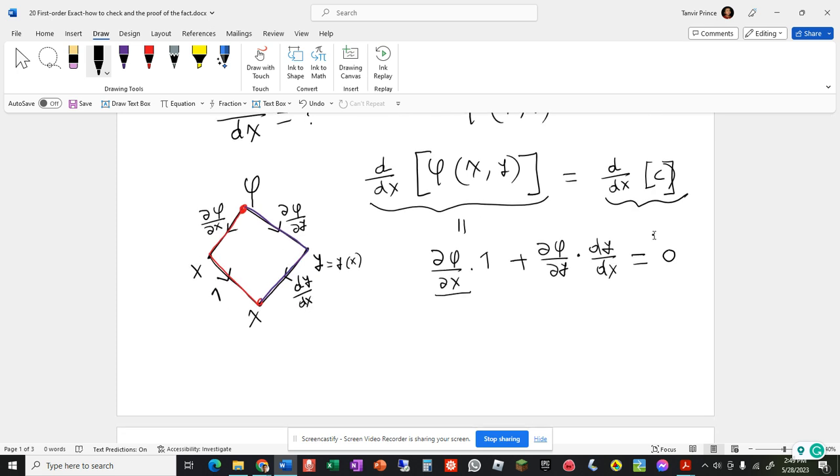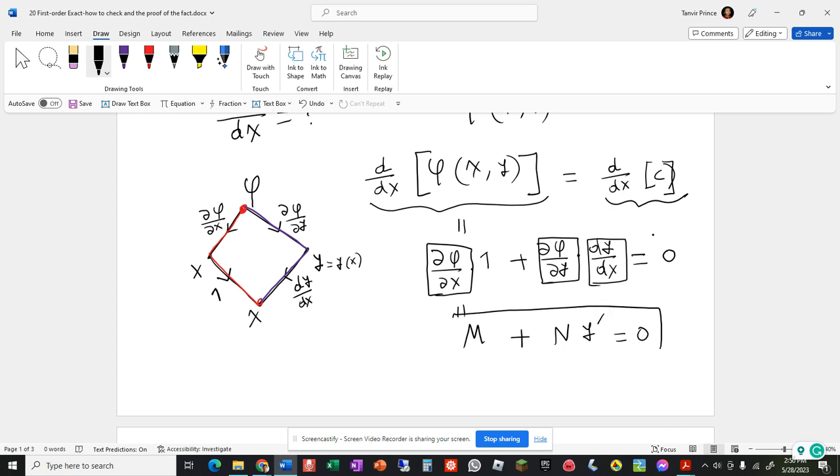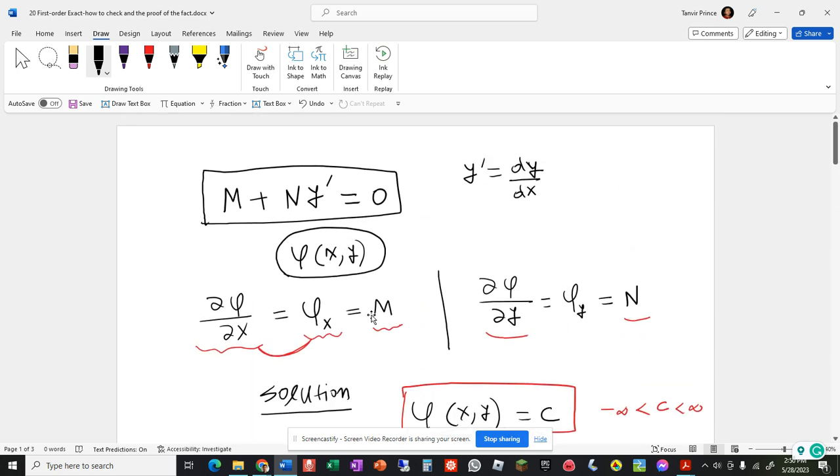So this one, the partial of phi with respect to x, that's M, plus this one is N, and my dy/dx is exactly y prime equal to 0. So look here. My solution y satisfies this differential equation. That's exactly our differential equation.